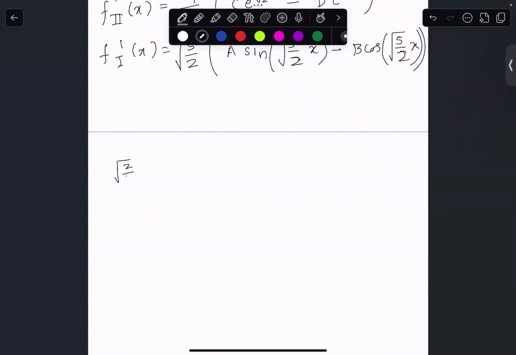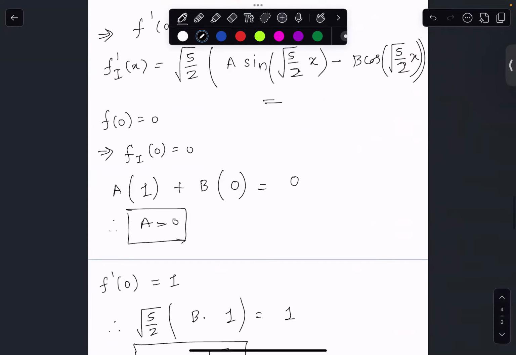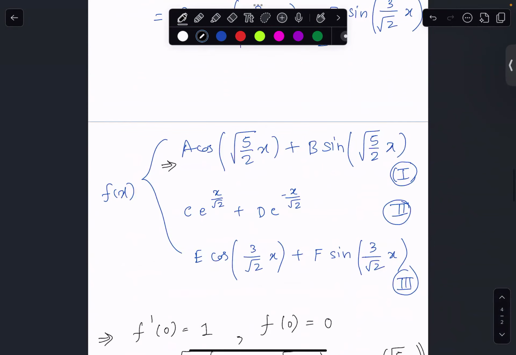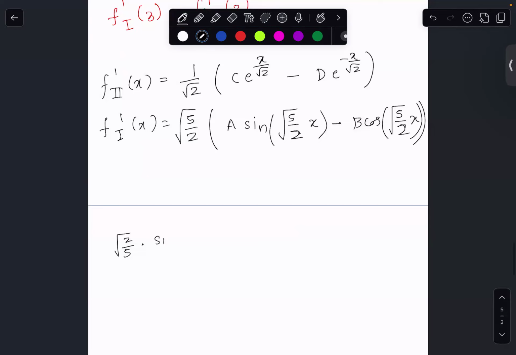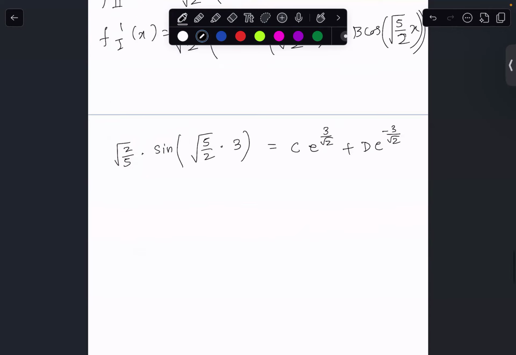Square root of 2 upon 5 times the sine of square root of 5 upon 2 at 3 should be equal to c e to the power 3 upon square root of 2 plus d e to the power minus 3 upon square root of 2. So this is our second equation in the solution.